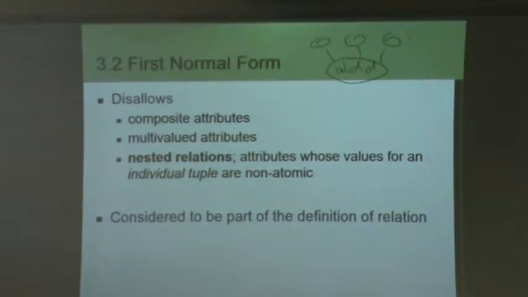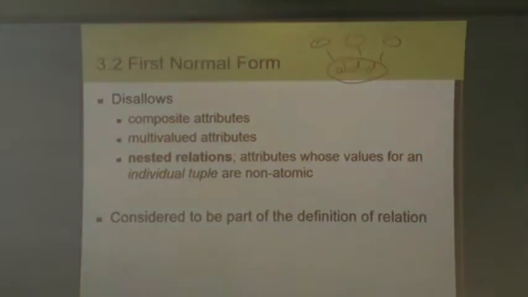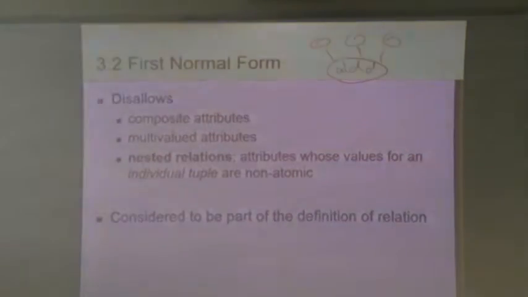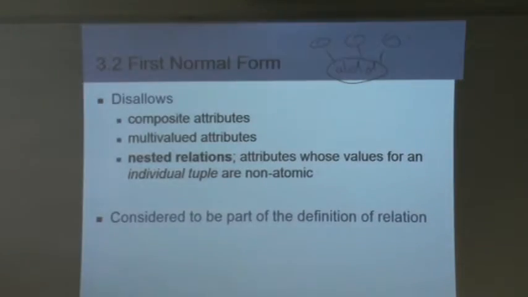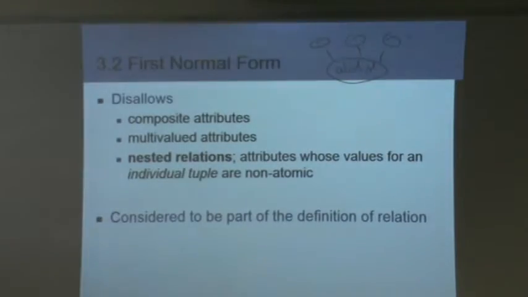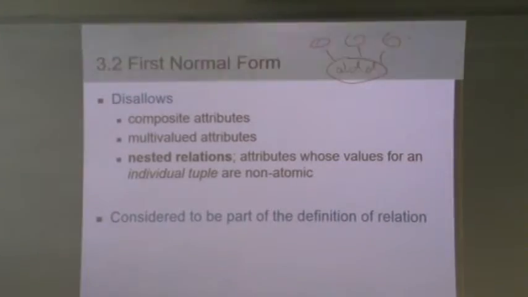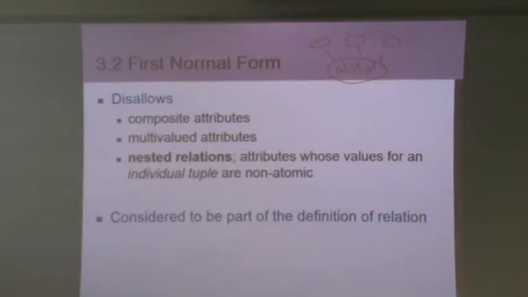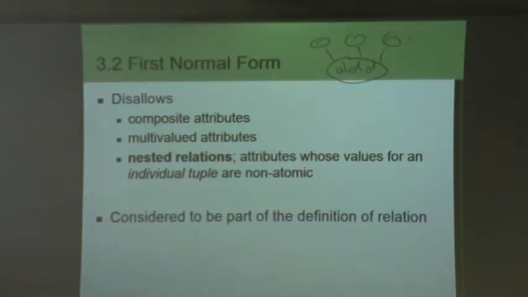This is important. Why? We are using the relational database model. The relational database model allows one value per column at a time. Only a single value, only an atomic value. So the relational model cannot address this one.